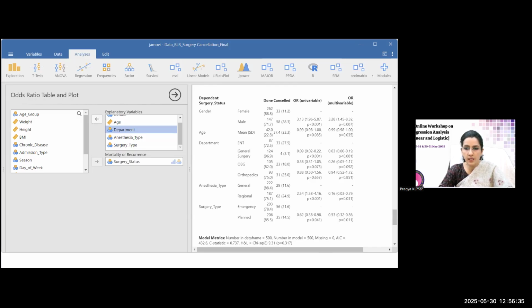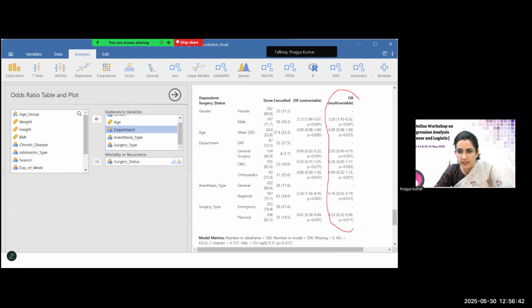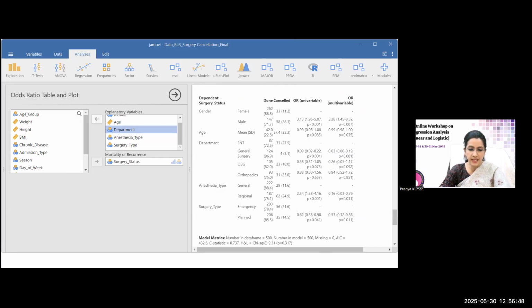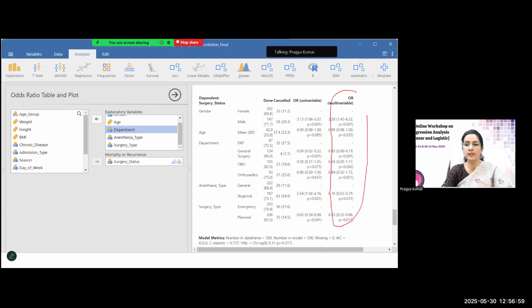So from here, you just copy paste, you select this, you can paste this whole table in Microsoft Word, or make a table in Excel and then paste that. Because from here, you need the odds ratio of only those variables where the p-value was 0.2 or less than that.